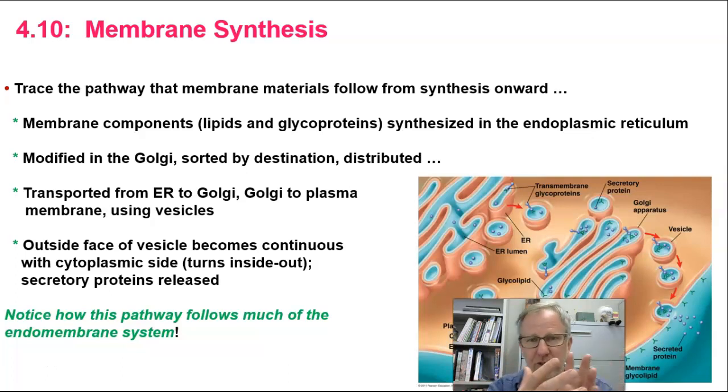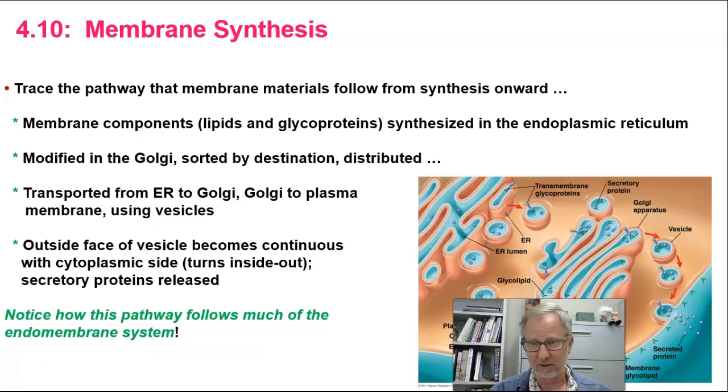They are shipped in transport vesicles to the Golgi complex, where those molecules are refined, modified. Those molecules are sorted out based on where they're going to go, and then they're distributed to their final destinations. You've learned this before. And that's the pathway.